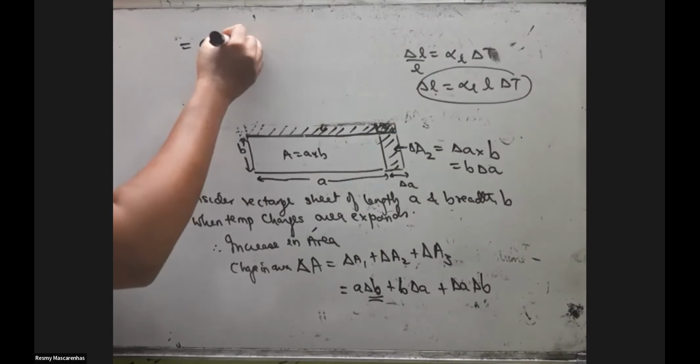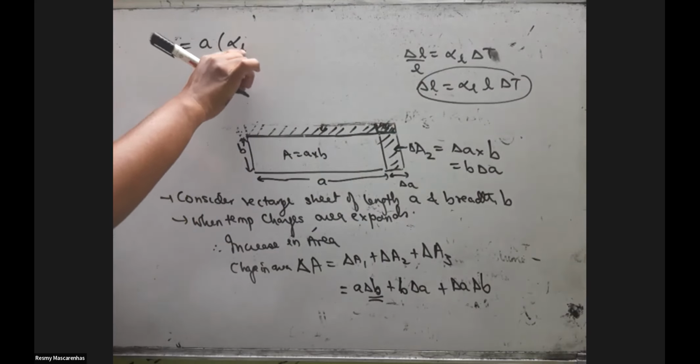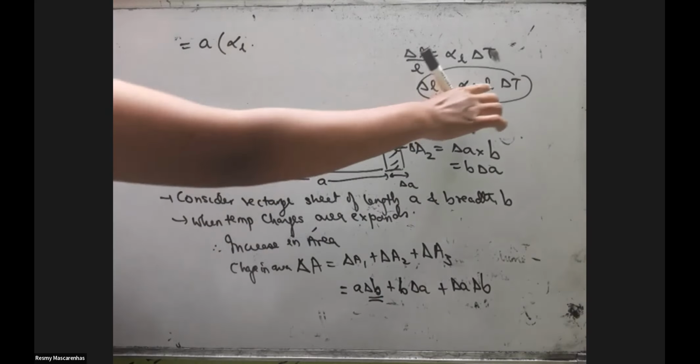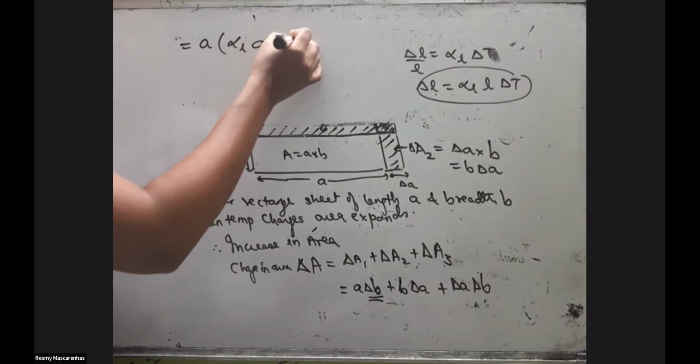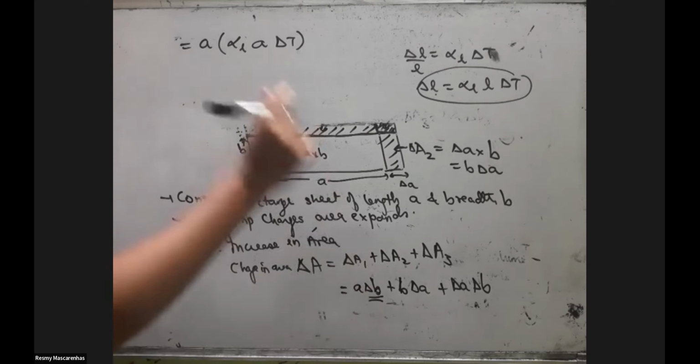Same thing, I will use alpha L. This is for linear expansion, so I'll keep L only because the coefficient will not change. Only thing, the length is A now, or this was for B, no? So this will be B.